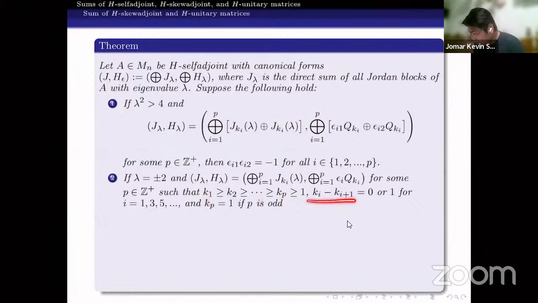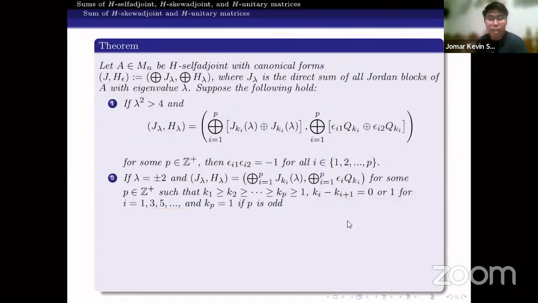Also, dapat the difference between k sub i and k sub i plus 1 is either 0 or 1. Anong ibig sabihin nun? Kapag in-expand mo itong direct sum ni J k sub i of lambda, yung una at yung pangalawa, dapat either pareho sila ng size or mas mataas na isa yung size ng pangalawa kaysa dun sa una. Same with the third and fourth, fifth and sixth, and so on.